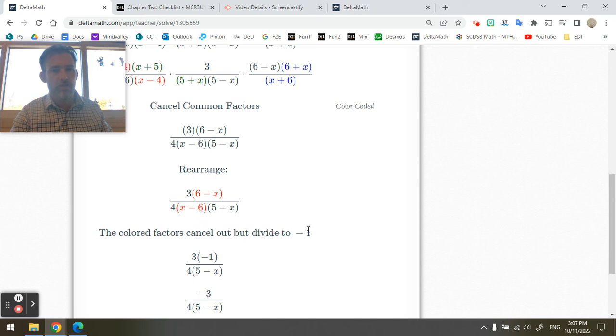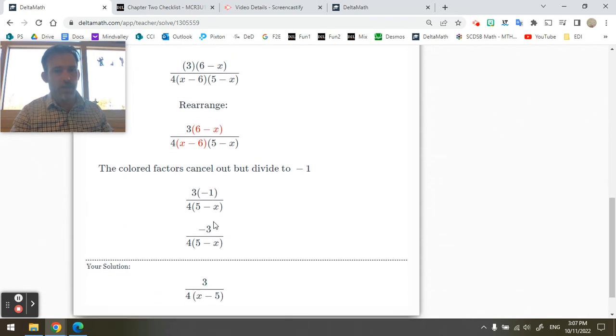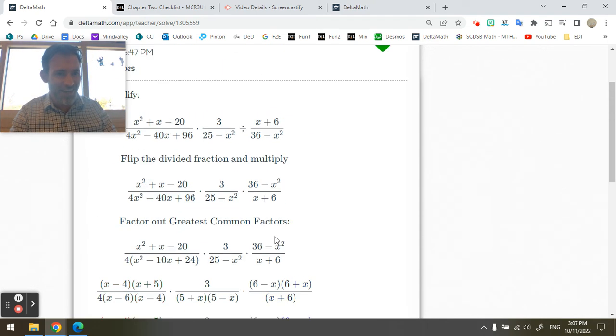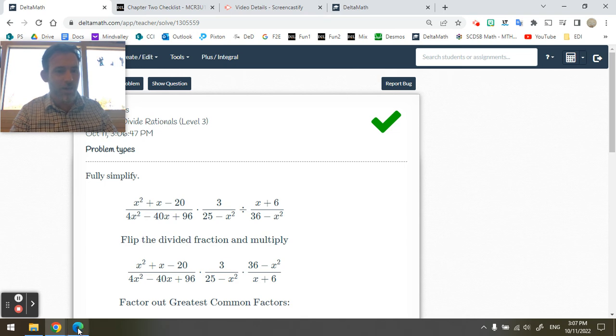They factored out and divided to get minus 1. Okay, sure. And then they ended up with minus 3 over 4 times 5 minus x. But notice mine is nicer. I like mine better, Delta Math. You should also flip this one around and change it. Anyway, so that's how you divide these things.